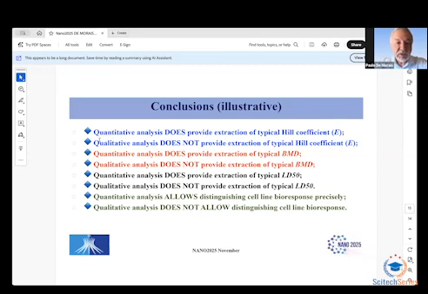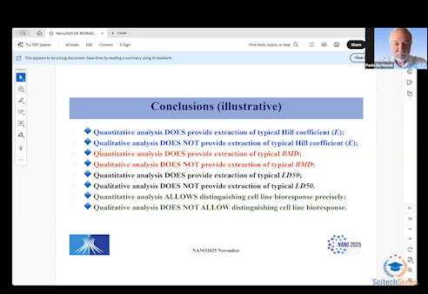The second point is that qualitative analysis does not provide extraction of much. Of course, you can extract some information looking at the data, but not too much. And actually it is a huge missed opportunity to learn from the in vitro assays.